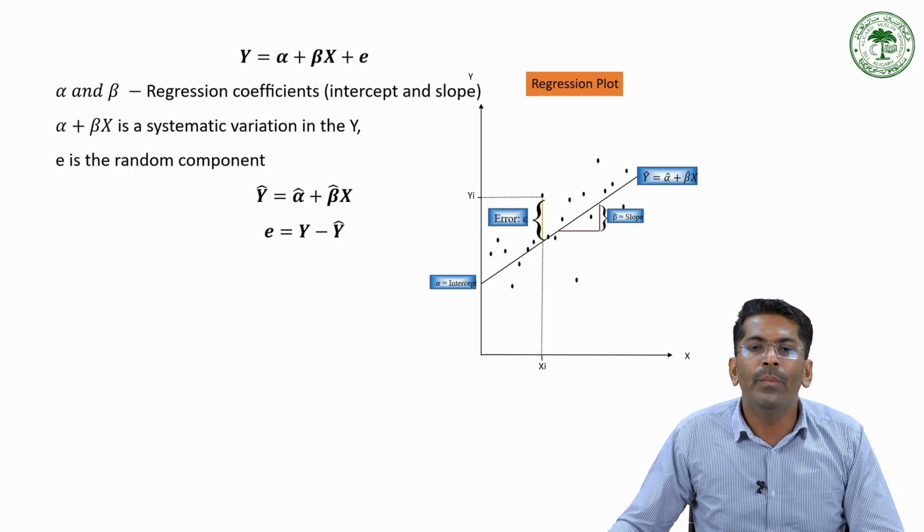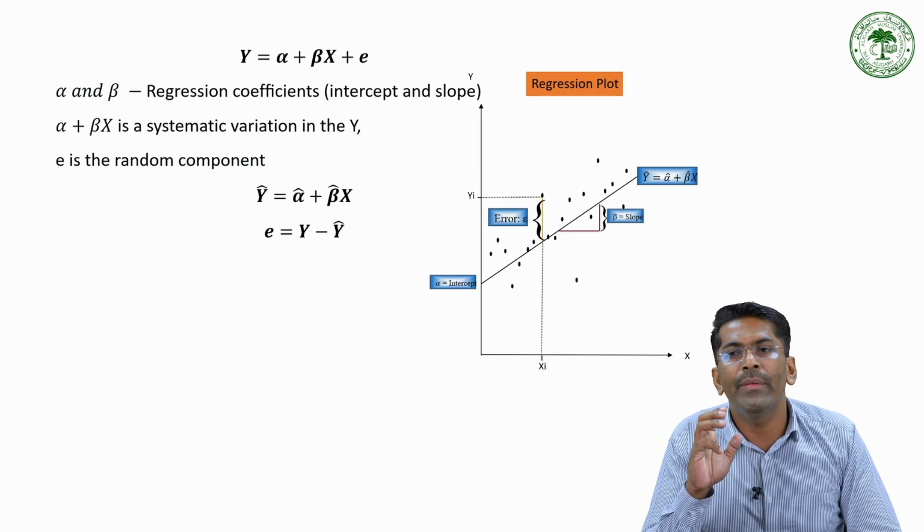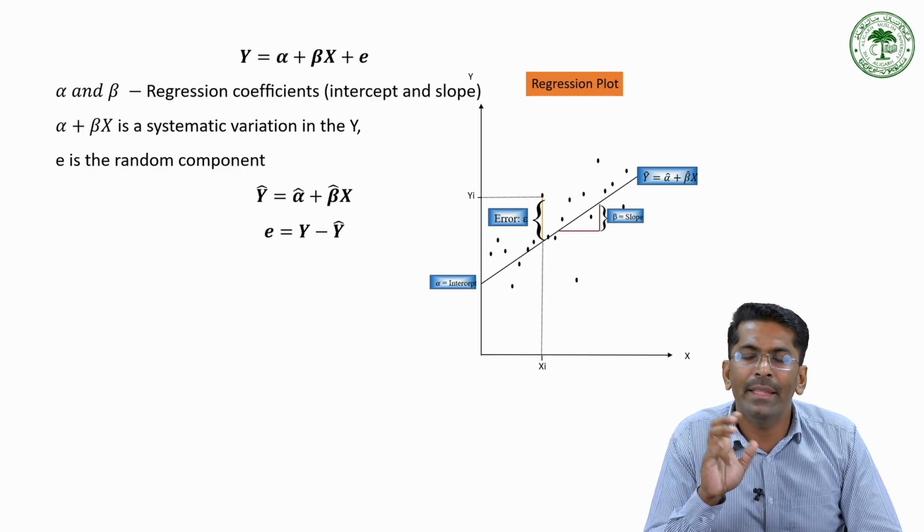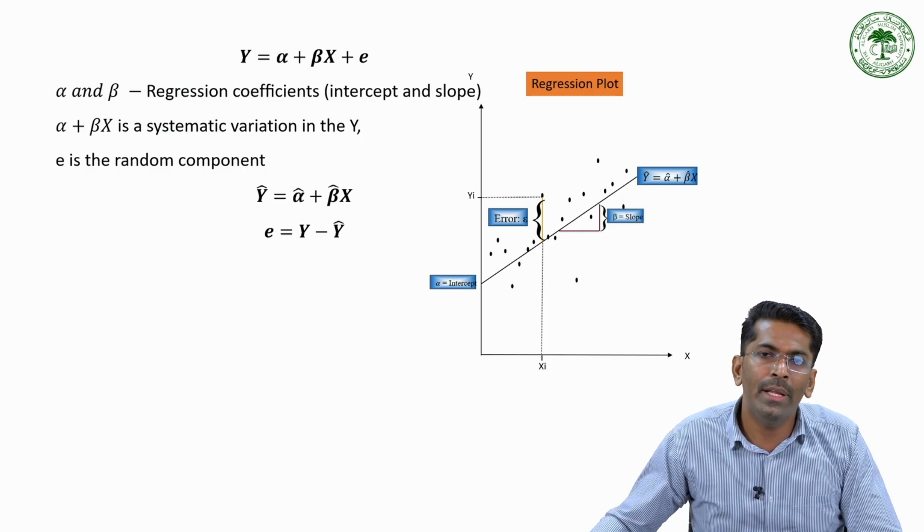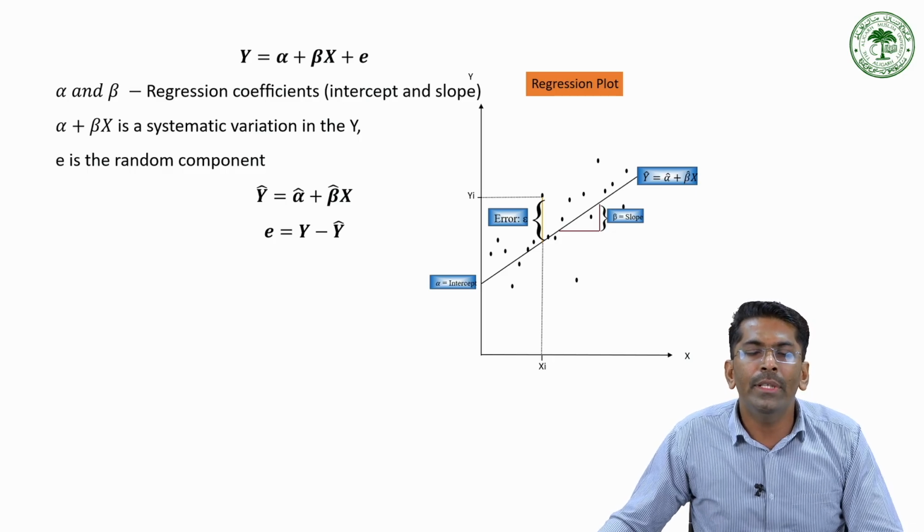Now see, this diagram shows the simple linear regression model, which explains the relationship between the independent variable and the dependent variable using this straight line, which is called the regression line. This line is used to predict the value of y for every value of x. So here we can say that y hat is equal to alpha hat plus beta hat x.